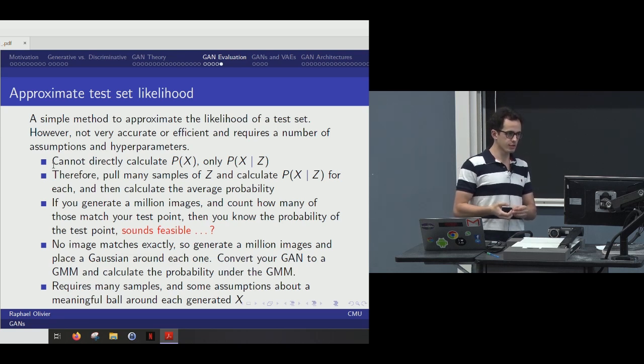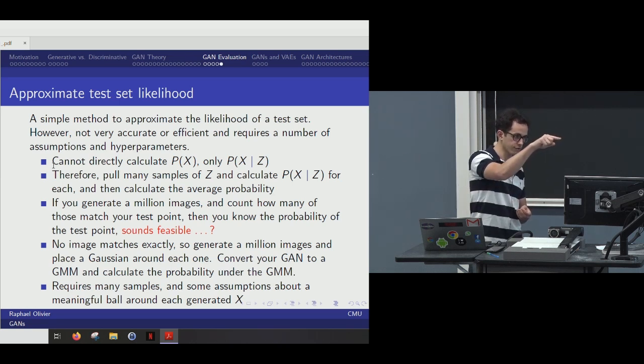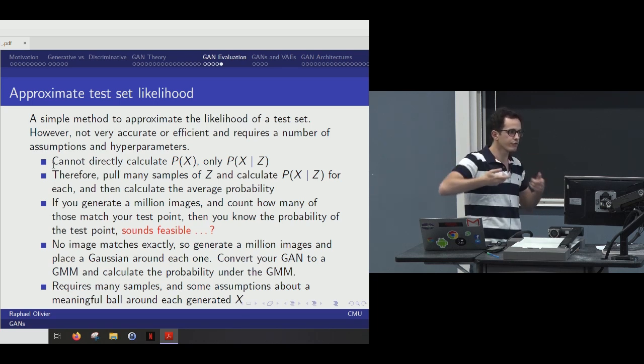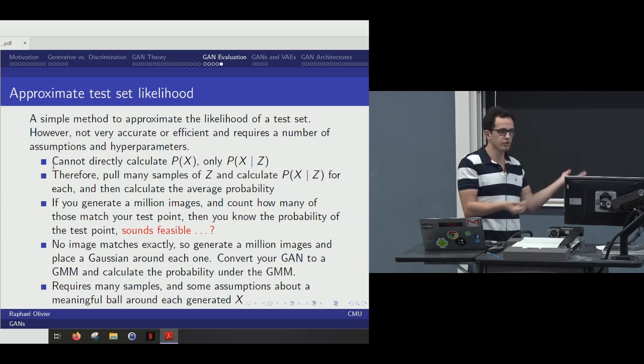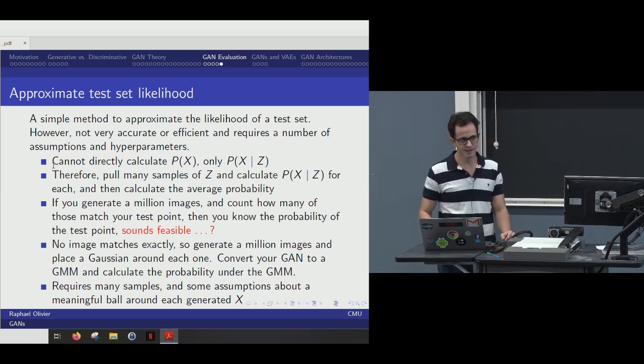So if you wanted to actually get a few images around that specific point, you're going to need to sample a ton until you get a few. And if you're just sampling 100 images, most likely you'll have 0 around that point, and you're going to say the probability of that image was 0. But it wasn't. It's just that it was too small to be noticed. Any more questions?